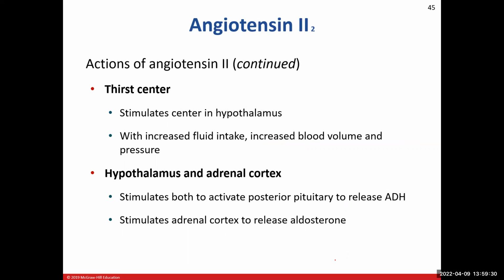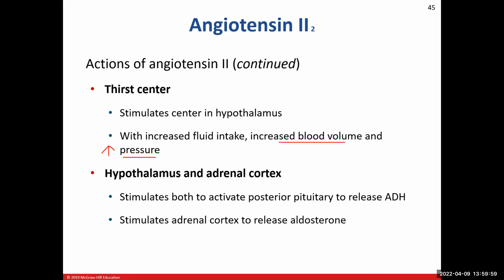It's going to stimulate our thirst center there. So we're going to go into the hypothalamus, stimulate the thirst center. So that's going to encourage us to drink more fluids, hopefully water, maybe Gatorade, right? So we're going to drink some more fluids, and that too will increase our blood volume. And anytime we increase the blood volume, we of course increase our blood pressure.